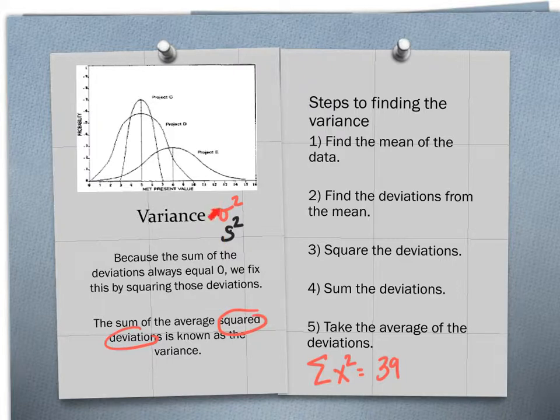To find the population variance, if we know every value, we take this value 39 and divide it by the total number of items, which are 12 items. So sigma squared is equal to the sum of the squared deviations divided by 12, and we get 3.25.